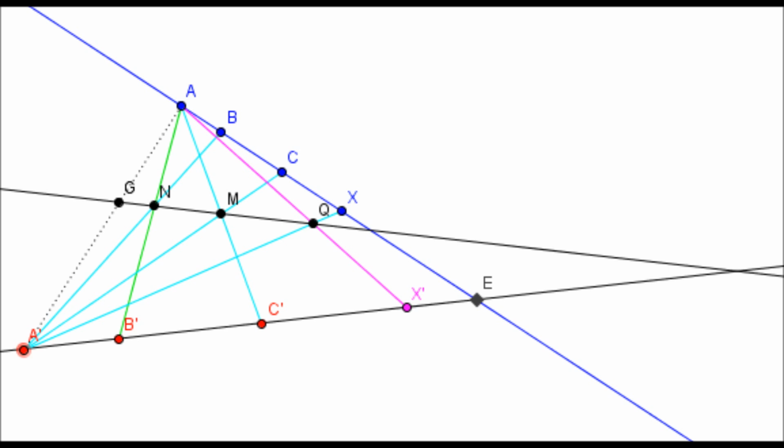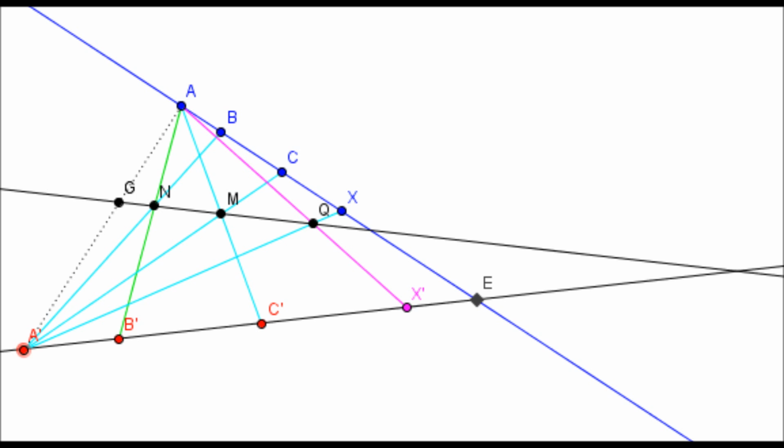So what do I mean? Well, let's say that in our projection, A gets sent to A' and B gets sent to B'. The cross join of A, B, A', B' is going to be the place where the line from A to B' meets the line from B to A'.